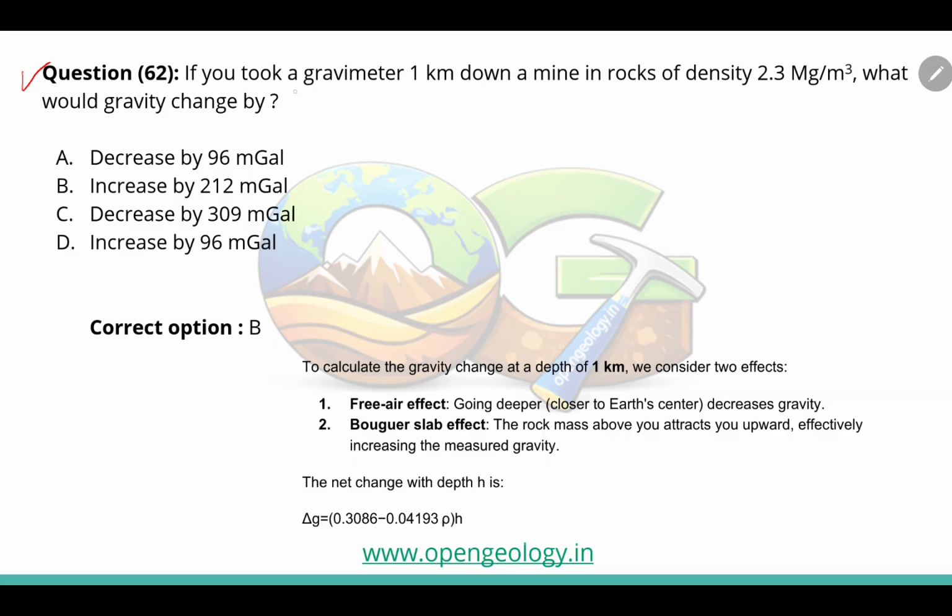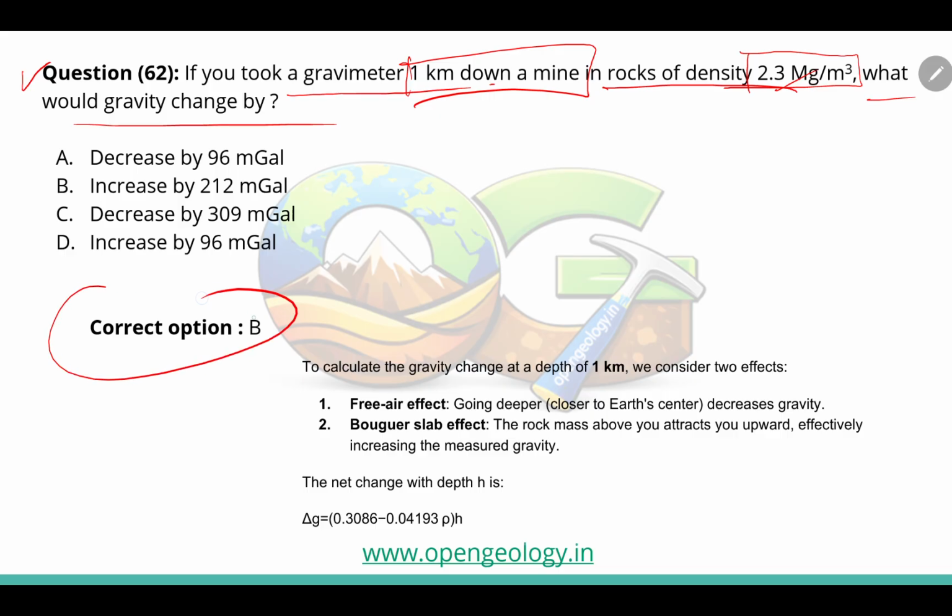Another question is, if you took a gravimeter 1 kilometer down a mine in a rock of density 2.3 milligram per cubic meter, then what would the gravity change by? So the answer is B, that is 212 milligal. Now what is the point here?